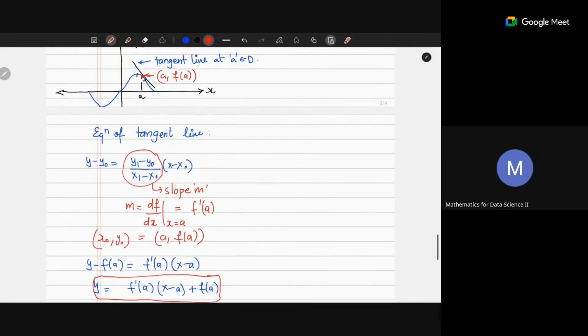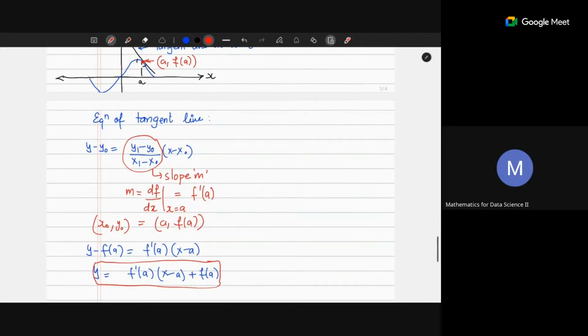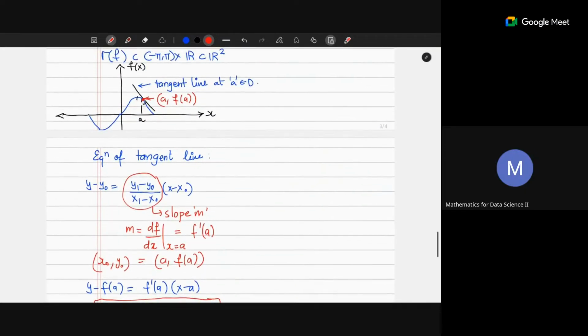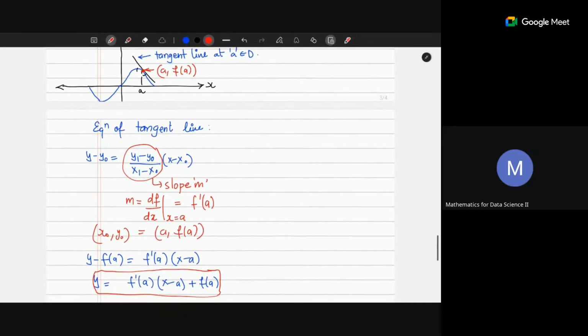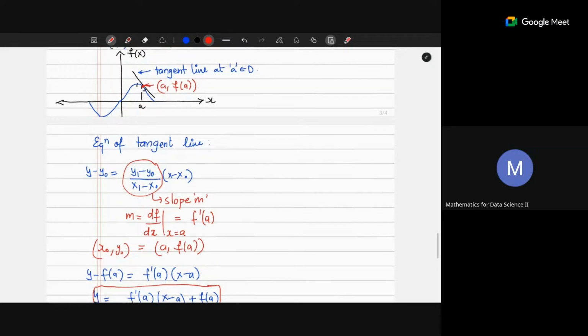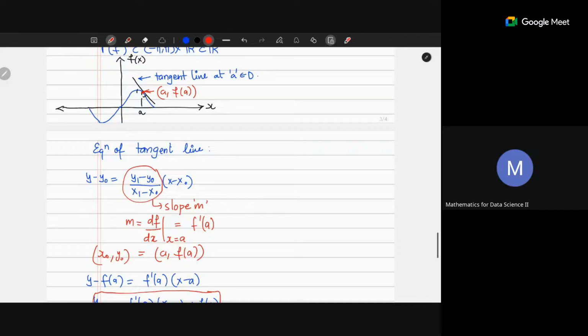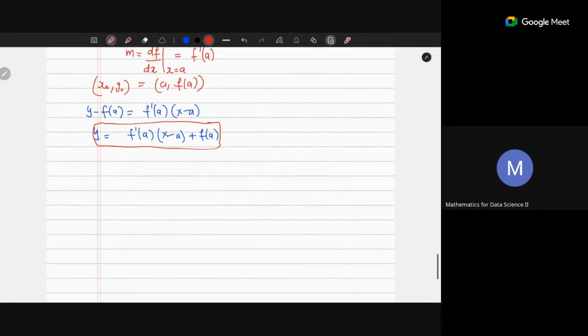All right. So now, if I want to write down the parametric equation of this line, the tangent line, in terms of parameters.